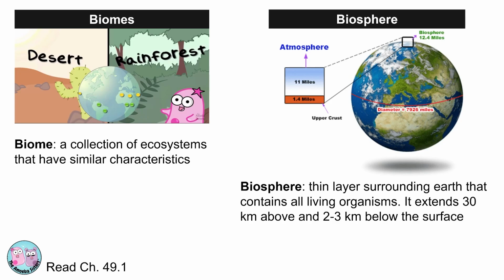It only exists in a thin layer about 11 miles thick. So the biosphere itself is just this thin layer that is covering the surface of our planet. So that's everything from biomolecules up to biosphere.